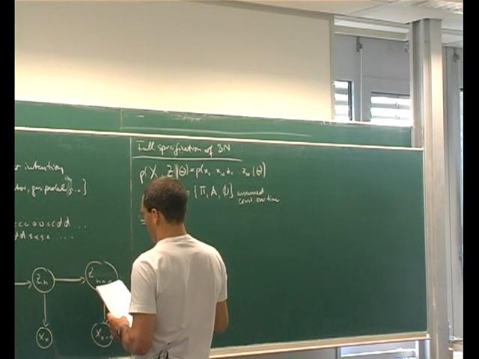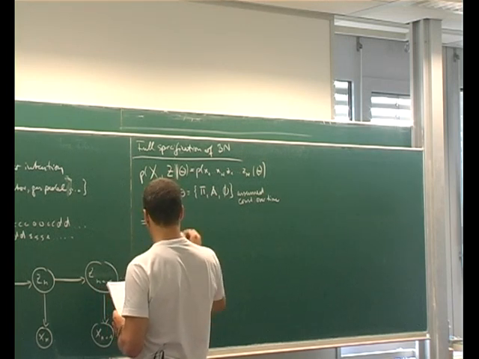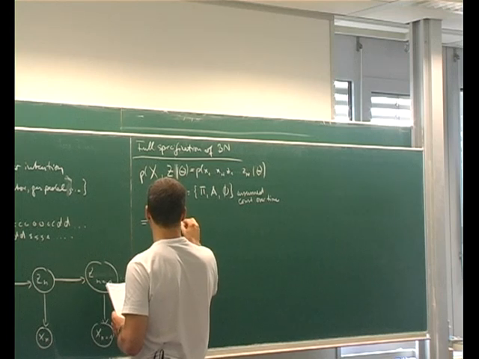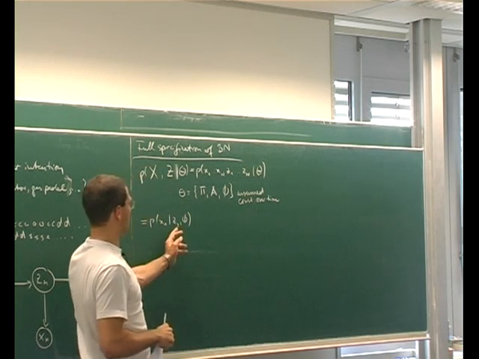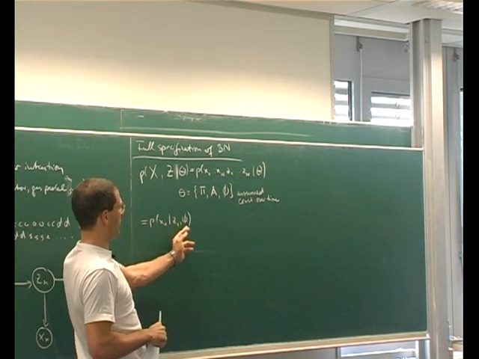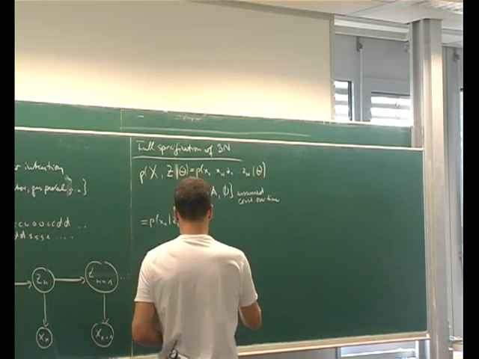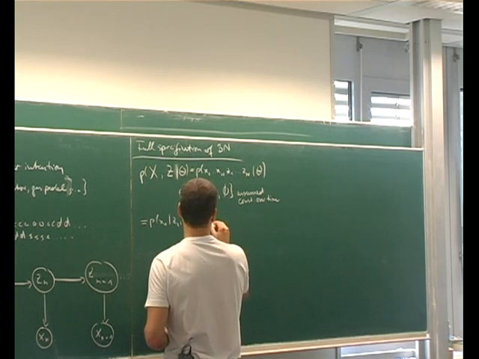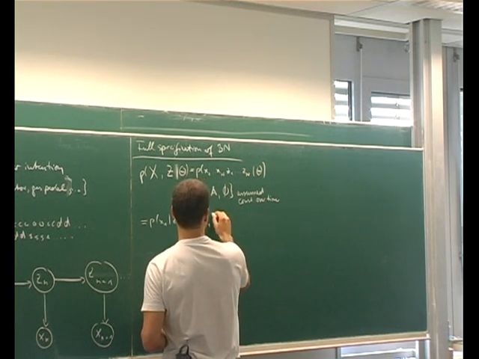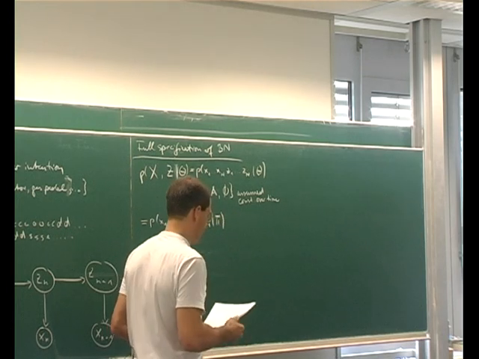So we have, on the one hand, the probability of the first observation, which depends on the hidden state at the first time step and on these emission factors. Then we have the prior probability of being in a particular hidden state at the first time step, which is parameterized by pi.